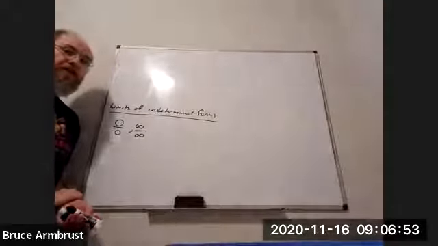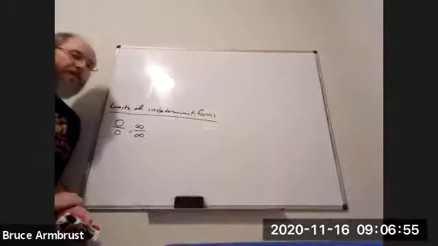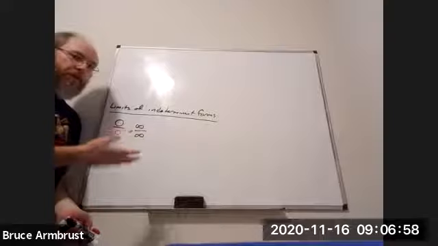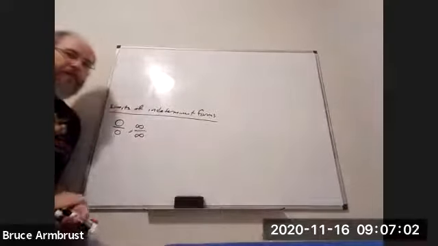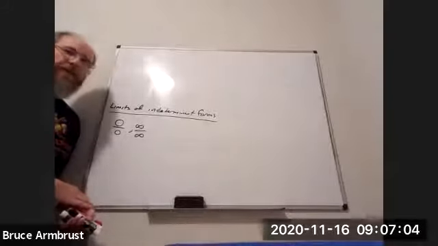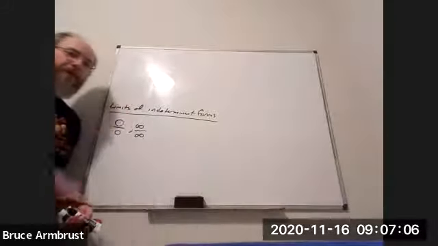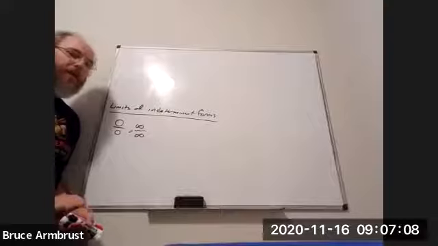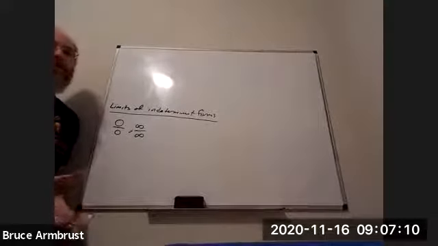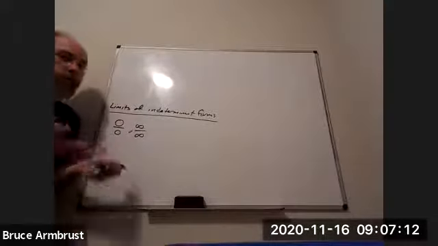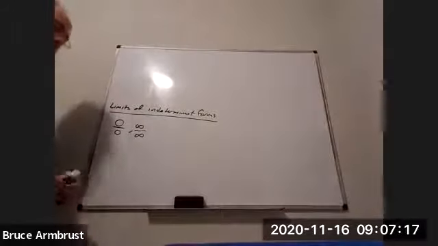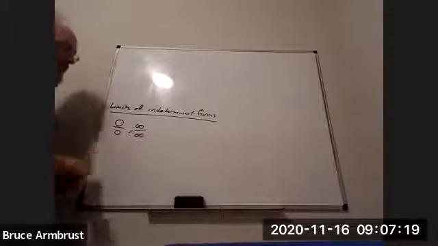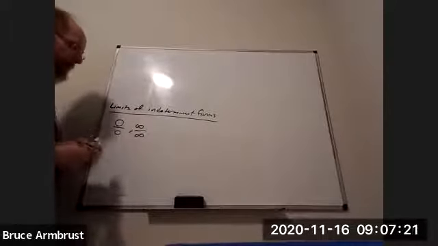Sometimes it went to 0 if the bottom was bigger. Sometimes it went to infinity if the top was bigger. Sometimes it went to any number we wanted if the denominator and numerator were the same degree. So infinity over infinity could be anything. Okay, you've seen these, but here are a few more.